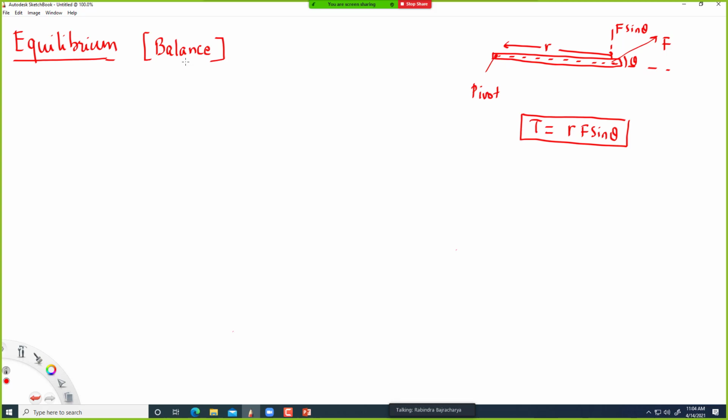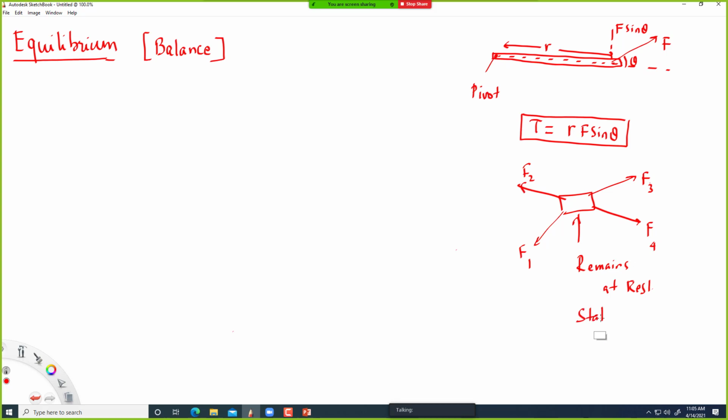There are two types of equilibrium we talked about last time: static equilibrium and dynamic equilibrium. Static equilibrium is when you apply not just a single force, but a bunch of forces, in this direction, this direction, this direction, and as a consequence the object remains at rest. Then this object is said to be in static equilibrium.